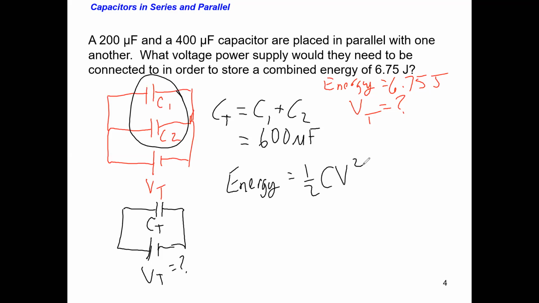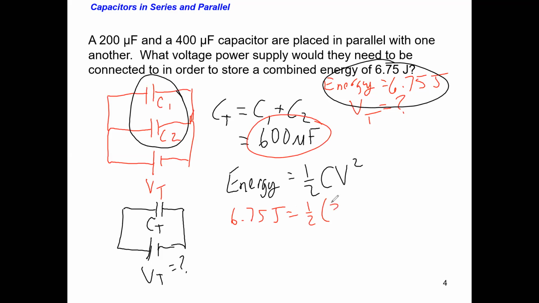I've got the energy, the energy is right up there. I've got the capacitance, the capacitance is right there. So as a result, I can figure out my voltage. Let's just plug this in real quick. 6.75 joules is equal to 1/2 times 300, and this is micro, so that's 10 to the negative 6 farads, times V squared.